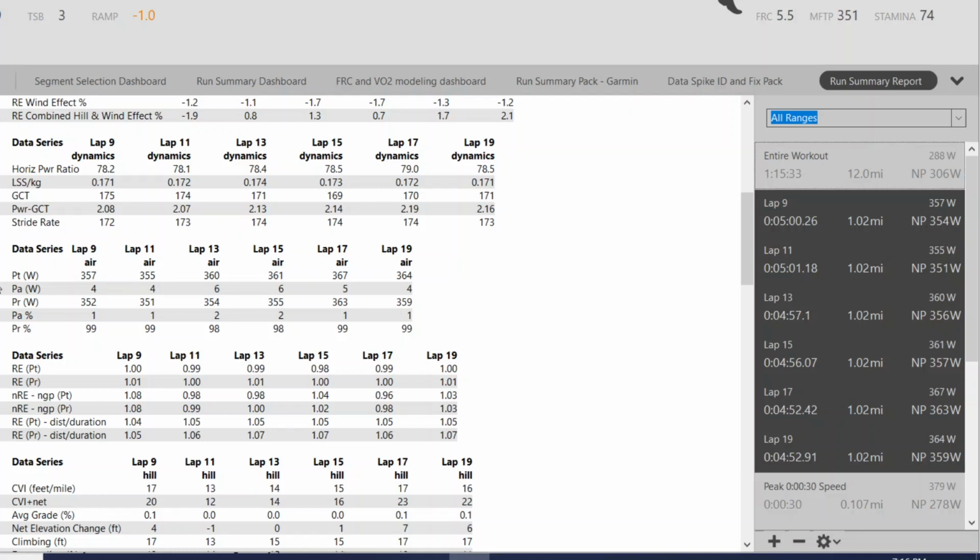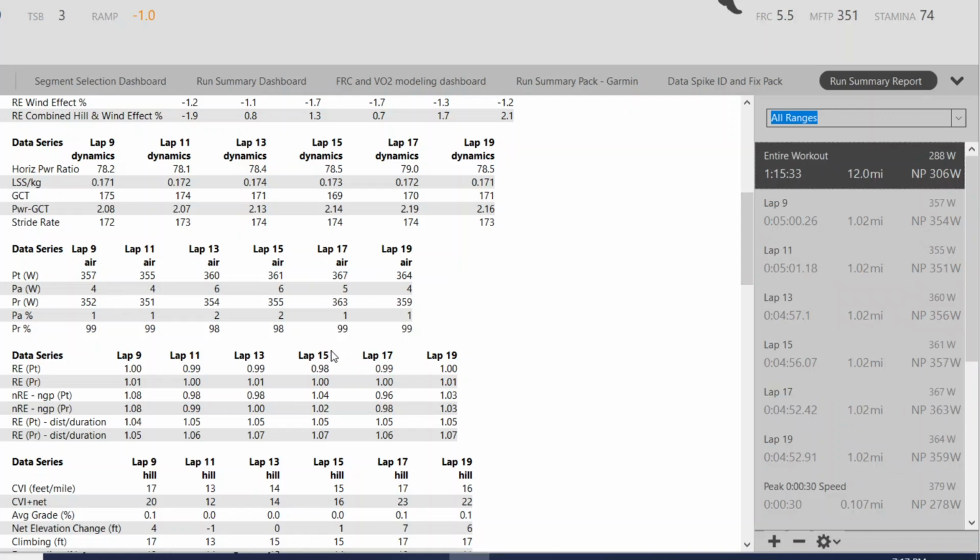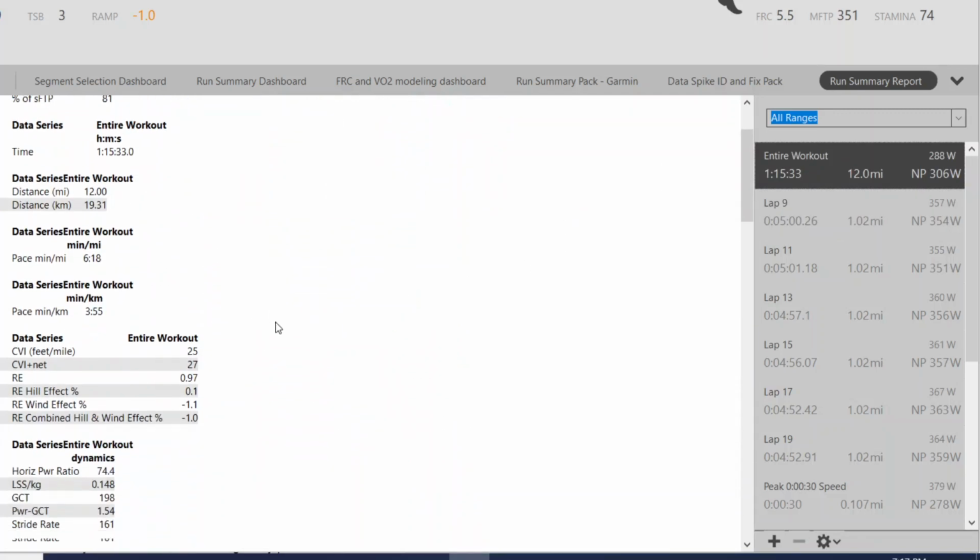The next thing I have is I break the Stryd air power and total power reported into these components. So let's go back to total, just the entire workout, so we're not looking at lots of different numbers here. There it is. Sorry about that.